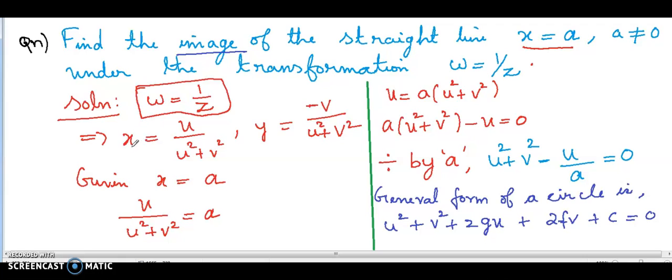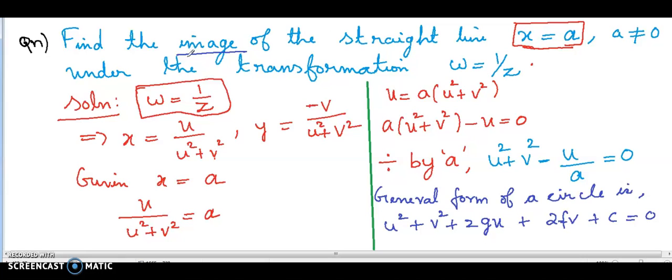Just now we derived, if W is equal to 1 by Z, then x is equal to U by U square plus V square and y is equal to minus V by U square plus V square. We have to find the image of the straight line x is equal to a.